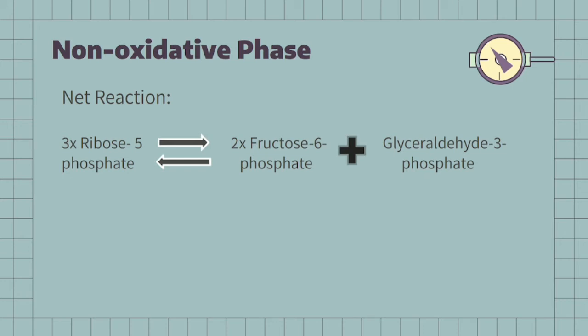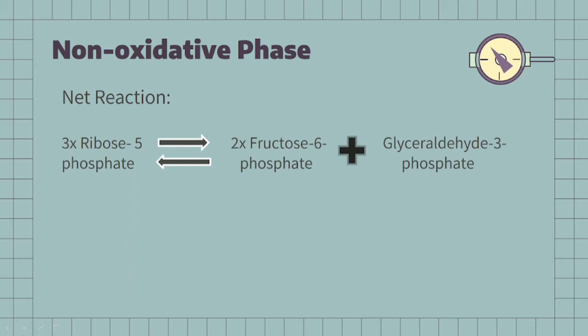This is the net reaction of the process. As we sum up all four processes, this is what we actually get: 3 ribose 5 phosphate, where 2 ribose 5 phosphate come from the first process and the other one comes from the second process.